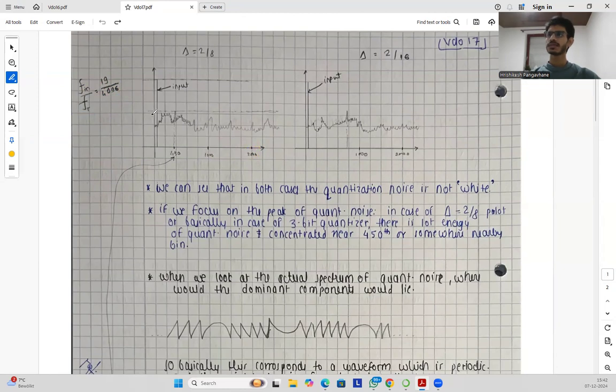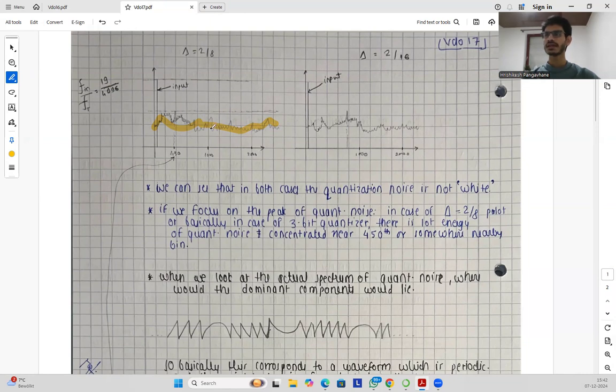What I'm about to present is, let's say, on the 19th bin lies our input. So this is the 19th bin where our input lies, and the noise is spread throughout the broadband. But as we saw in the previous video, even though we considered it as white noise, it's not quite white.